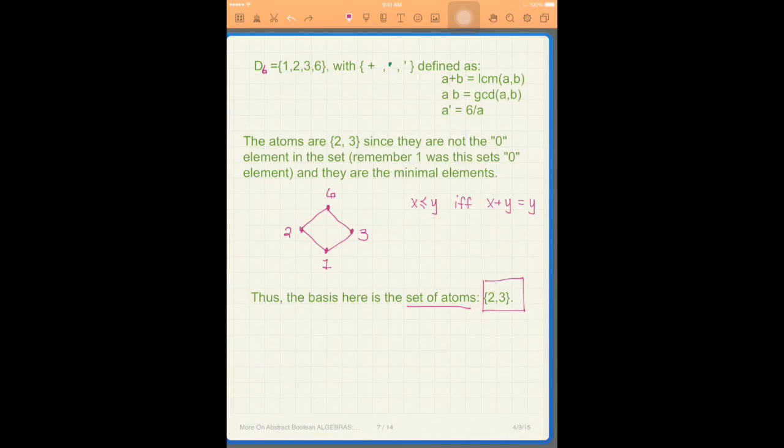The zero element was way down here, and they are the minimal building blocks that will generate everything above it. So you'll be able to generate 6 from the 2 and 3. We saw that when we added them together, we got back 6. And when I say add, that means the least common multiple.